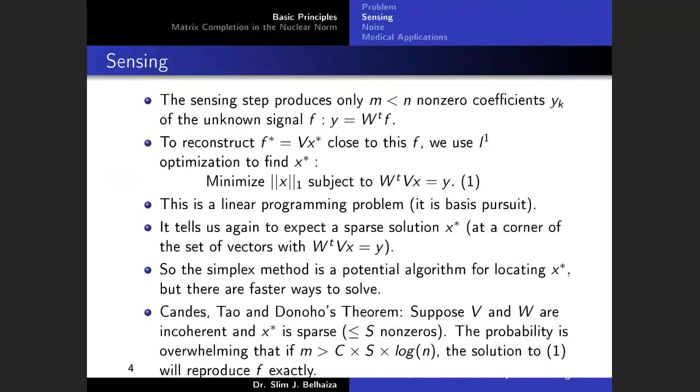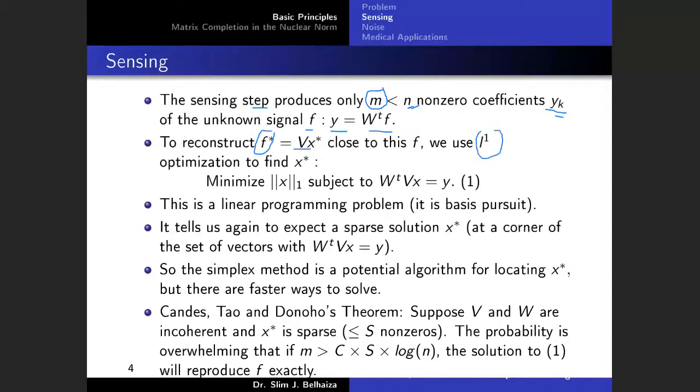So the sensing step produces, in fact, a number M, which is less than N, non-zero coefficients, and here it's about measuring, in fact, finding a Y, okay, which is completing a vector of signals, so of a known signal F, where Y is equal to F^T W. So to construct F star, which is equal to V x star, close to this F, we use the L1 norm optimization.